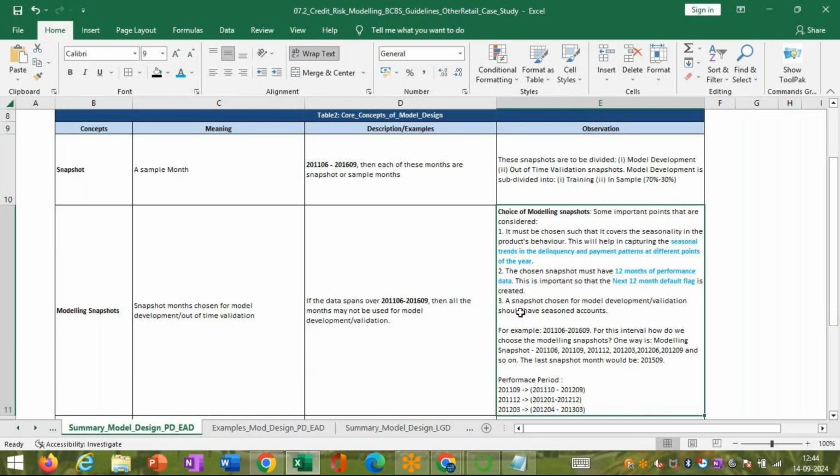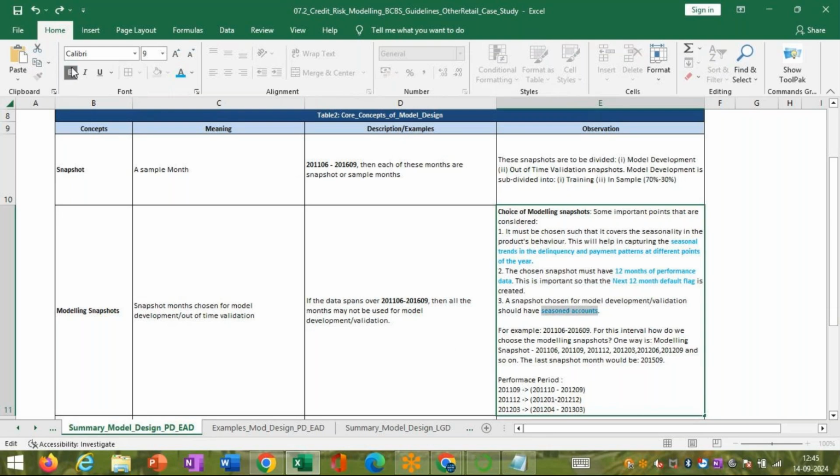The next point that we have over here, while we were discussing the choice of the modeling snapshot, is that a snapshot chosen for model development and validation should only have seasoned accounts, that is, the 13 months of observation.